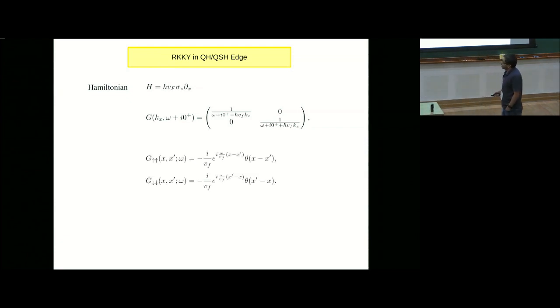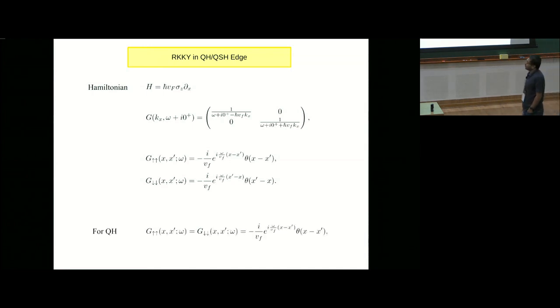Okay, you can do a Fourier transform of that. As you expect, this is a retarded Green's function which carries information in one direction for up spin and the other direction for the down spin, right? So that's supposed to happen. For a quantum Hall system, you would expect exactly the opposite.